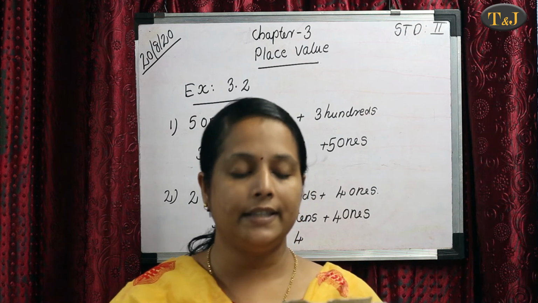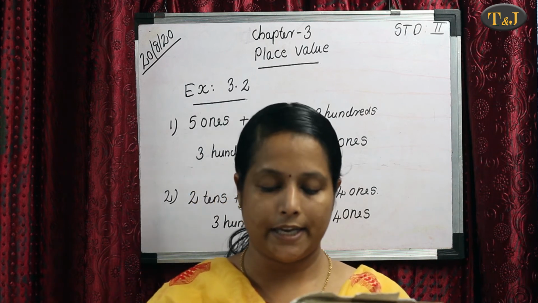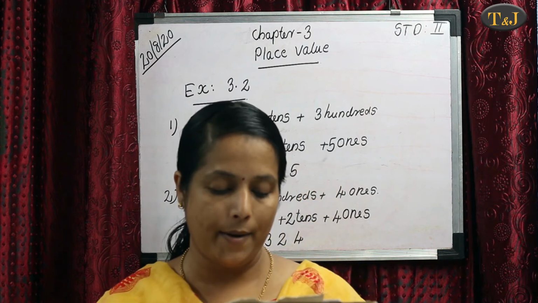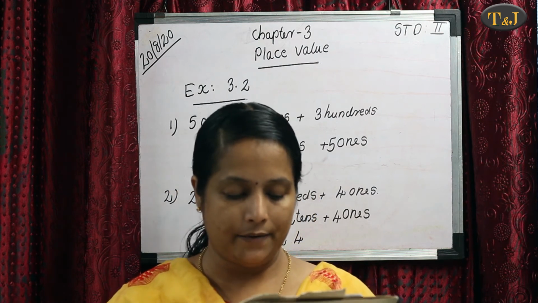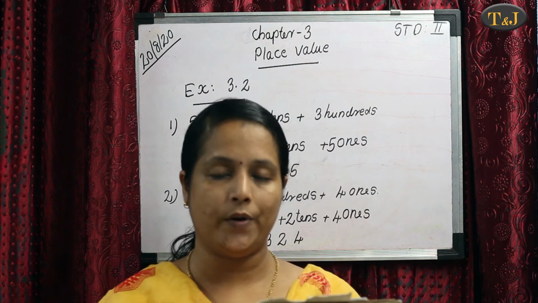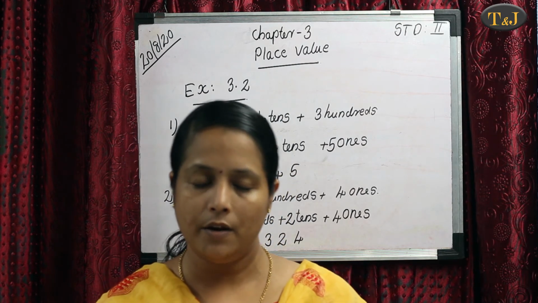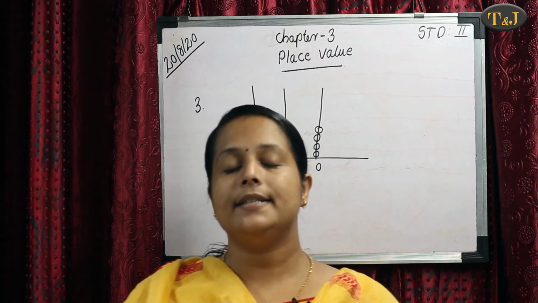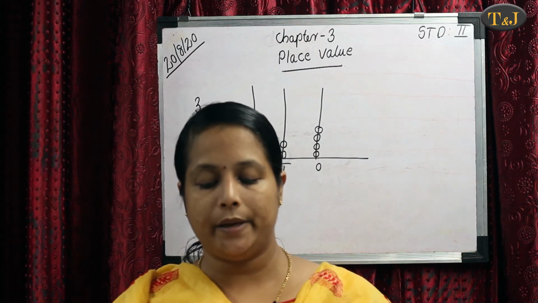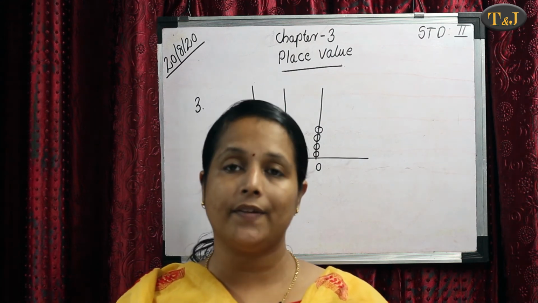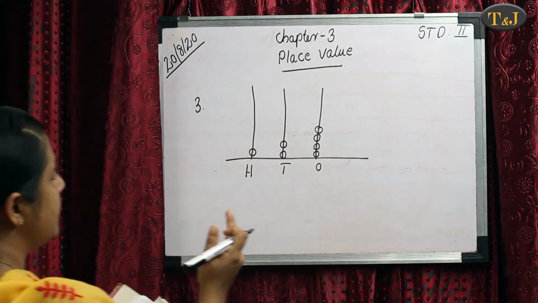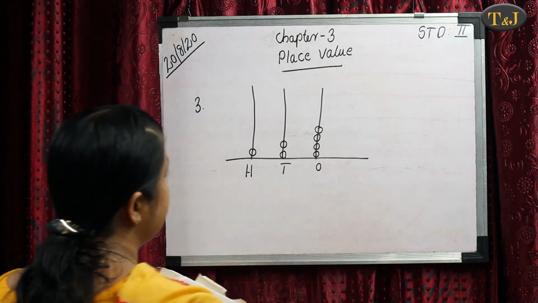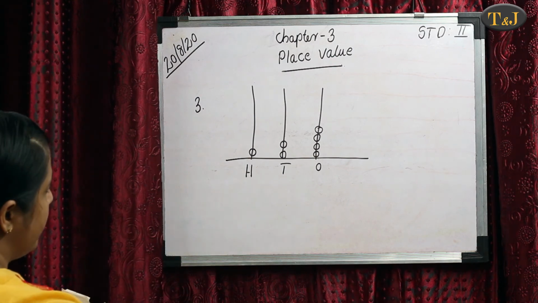Okay, in our third section, write the numbers and their place values shown on abacus. One has been done for you. First abacus is given that 5 tens plus 2 ones. 5 tens plus 2 ones equal 52. Our B problem: the birds are, ones 4 birds, tens 2 birds and hundreds 1 bird.